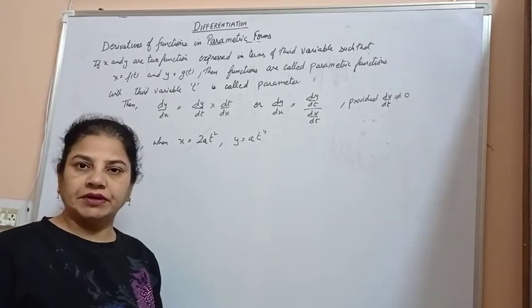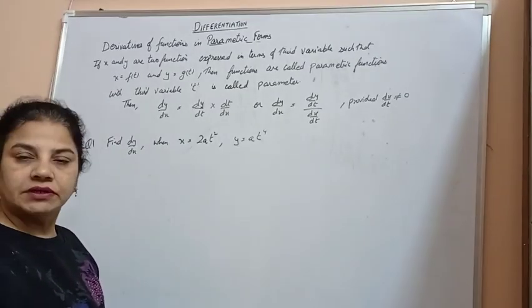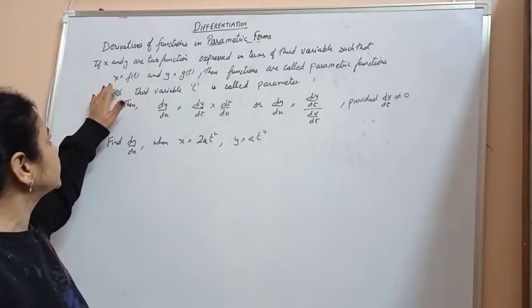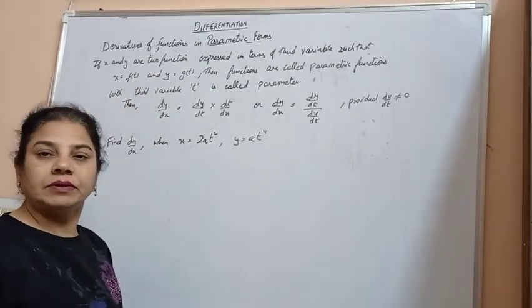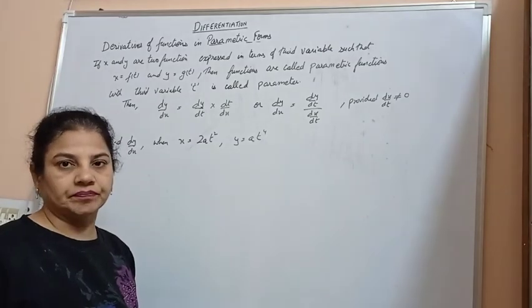Derivative of function in parametric form. If x and y are the two functions expressed in terms of a third variable, say t, and it is given as, say, x is equal to f(t) and y is equal to g(t), then the functions are said to be parametric functions, and the third variable is called the parameter.